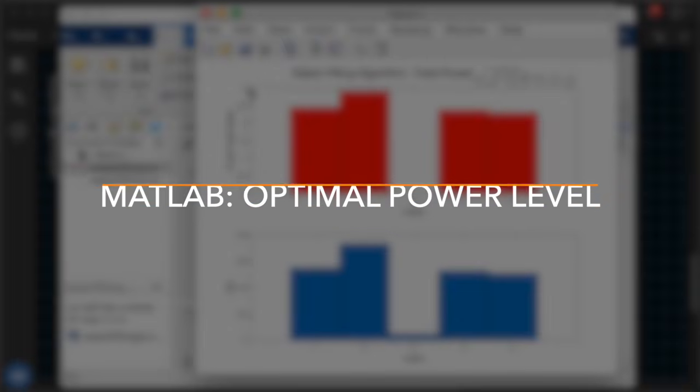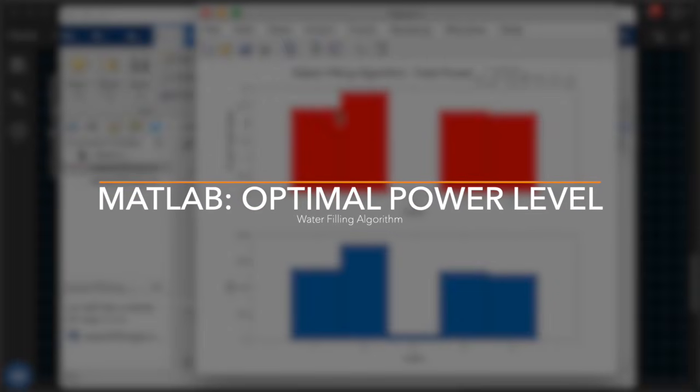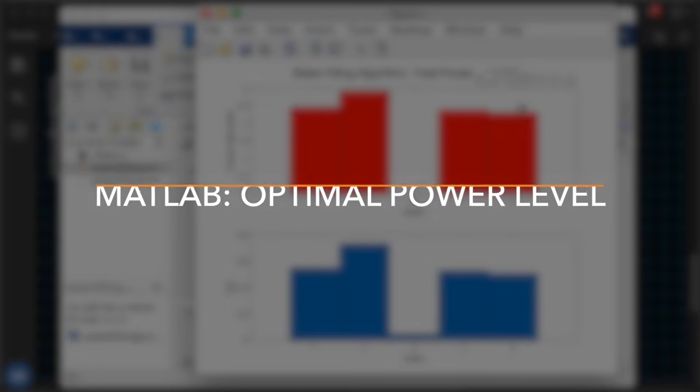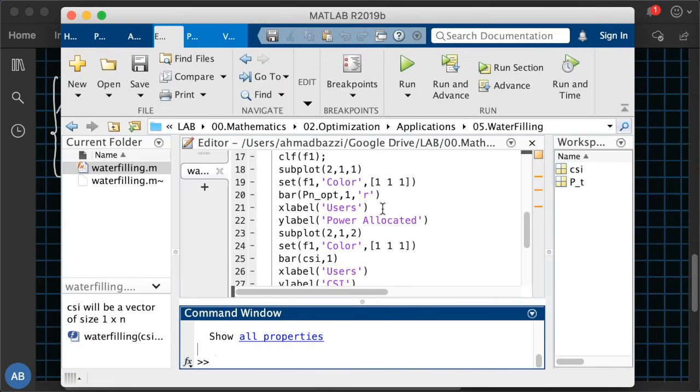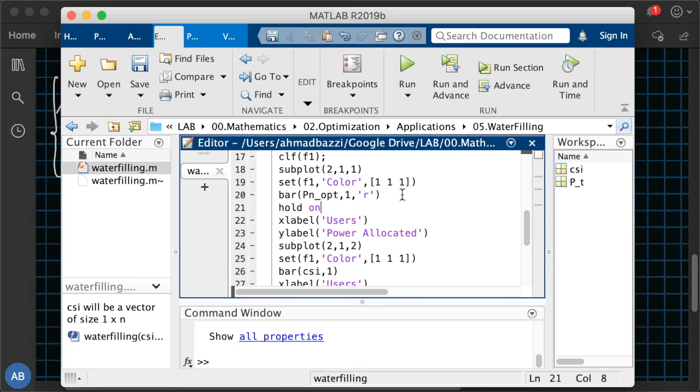And one other thing is to plot on the first subplot a horizontal line representing maximum power level, that is 1 over mu star. So in the first subplot, I'm going to hold on and then plot.